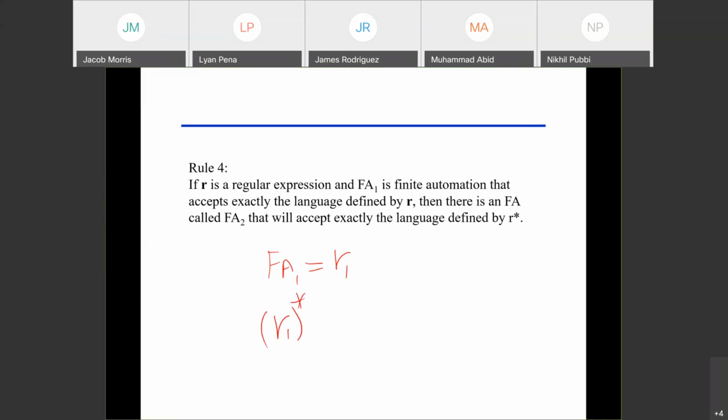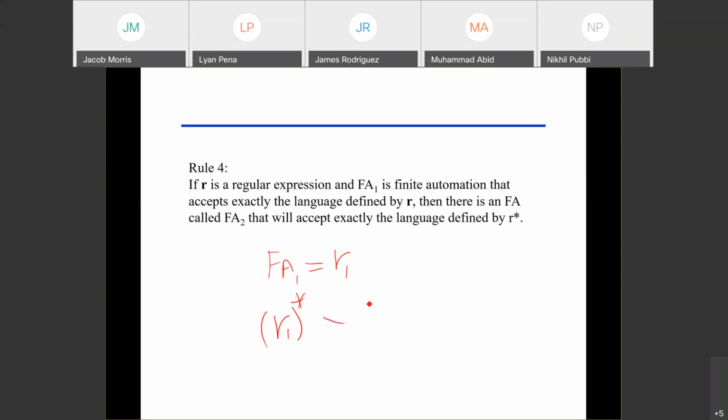If you apply the Kleene closure property or Kleene star property, which are two different names of the same thing, it means that the resultant language will be infinite, but it will not change the behavior of the language, and it will remain a regular language, and it can be represented by R1 star.